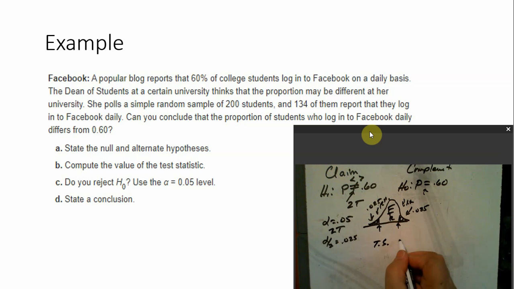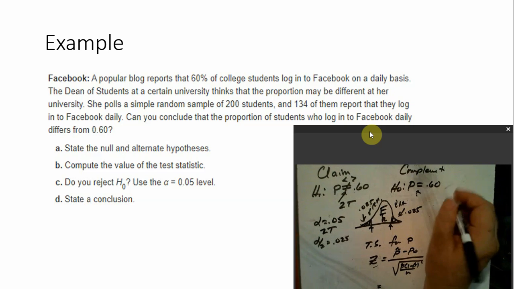The test statistic for P looks like it's a Z value: P hat minus P0, all over the square root of P hat times 1 minus P hat, over N. It tells us we've got a Z-score. We can calculate this real quick, but then we have to find the critical values that match our Z. So what was our P hat that we had over here?